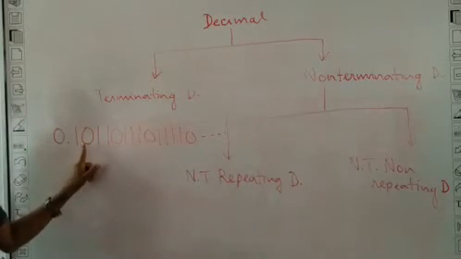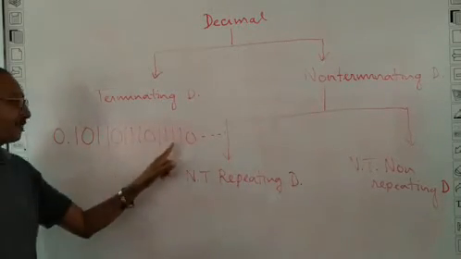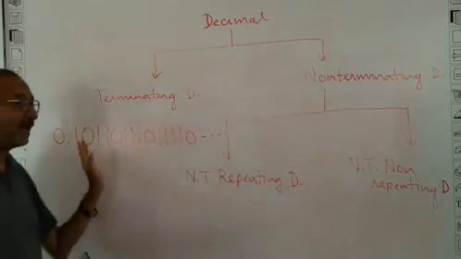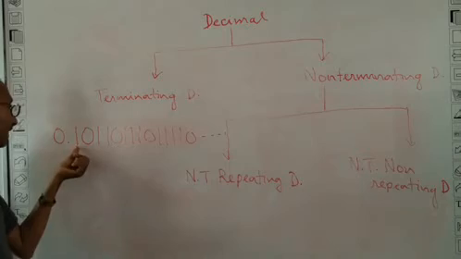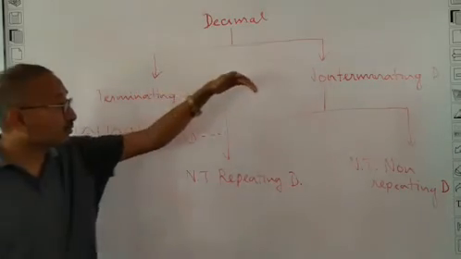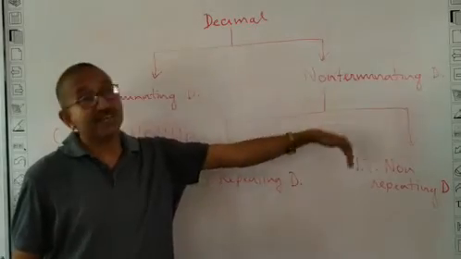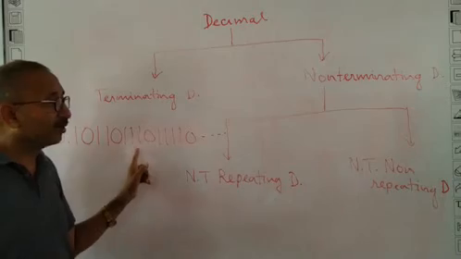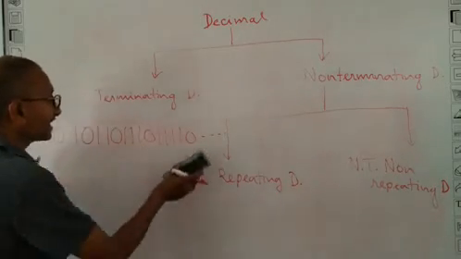Here, though 1 and 0 are appearing repeatedly, there is no order followed by them. 0 appears after 1 digit, after 2 digits, after 3 digits. If I go to infinity, we cannot say what the 100th place digit is. That is why these are said to be non-terminating, non-repeating decimals.